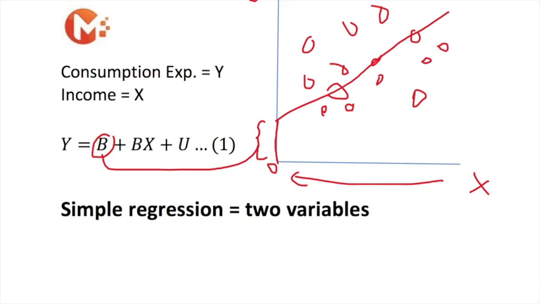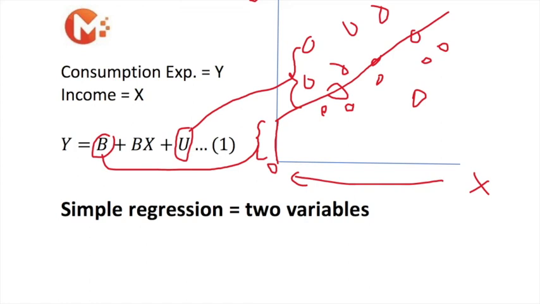So the distance between a point that is not exactly on the regression line and the regression line is what we call the error term. This is represented in our equation as the error term.